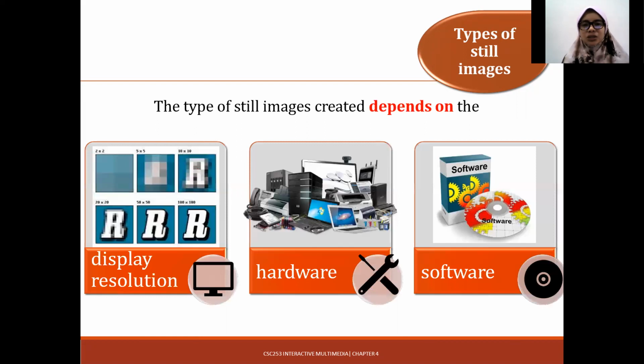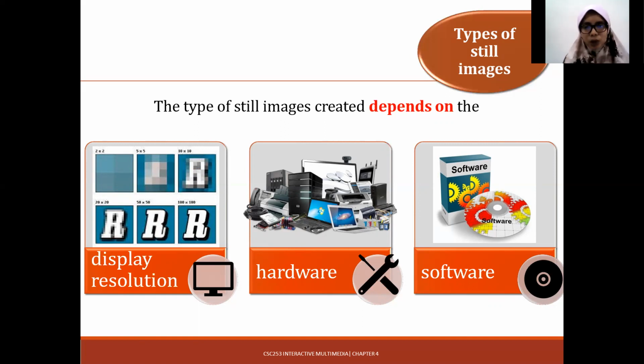So the type of still image created depends on, first, the display resolution. What you are going to create depends on your display resolution. So the bigger it is, the smoother it is. Remember that, when you zoom in, it is smoother and it doesn't get distorted.